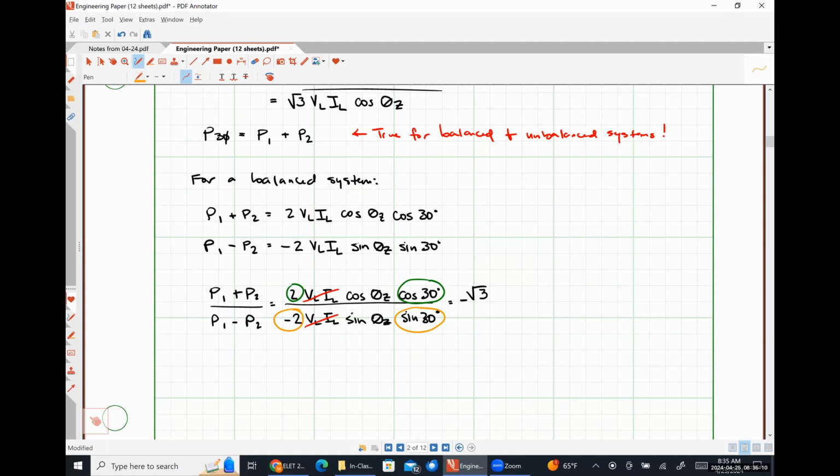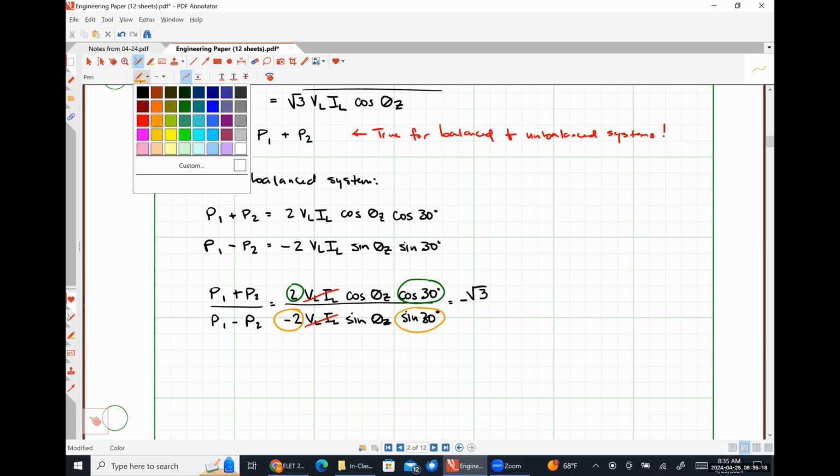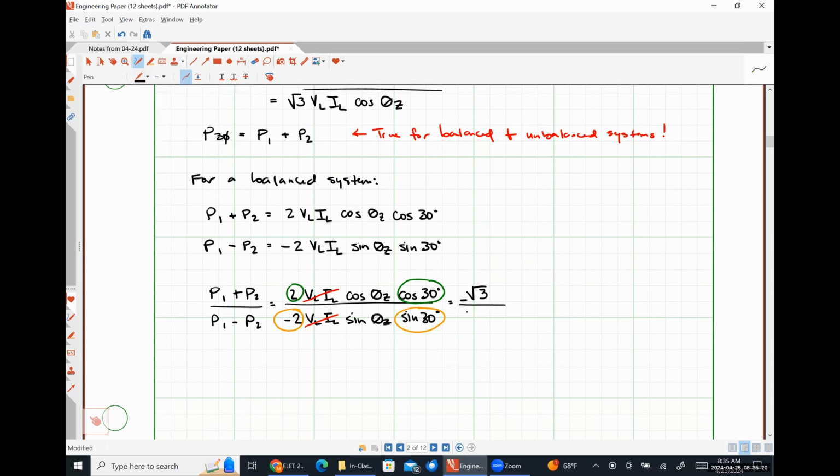What's cosine divided by sine? Or what's sine divided by cosine? Tangent. So P1 plus P2 divided by P1 minus P2 is √3 divided by the tangent of the angle of the impedance, which is our power factor angle.